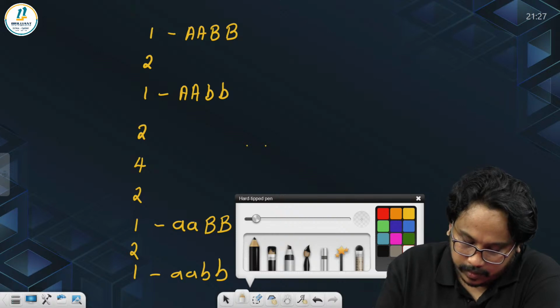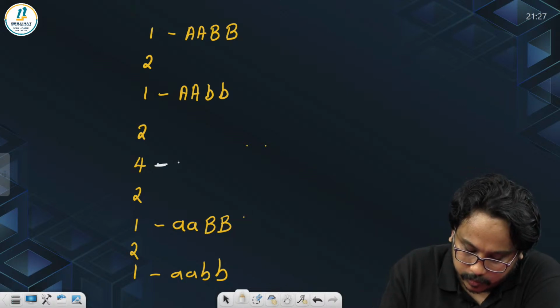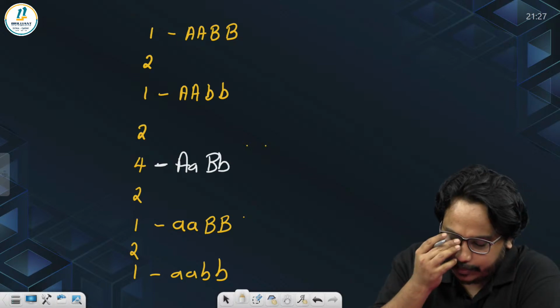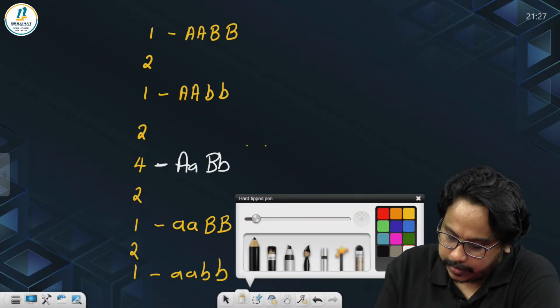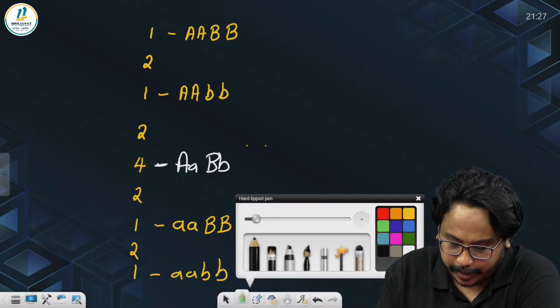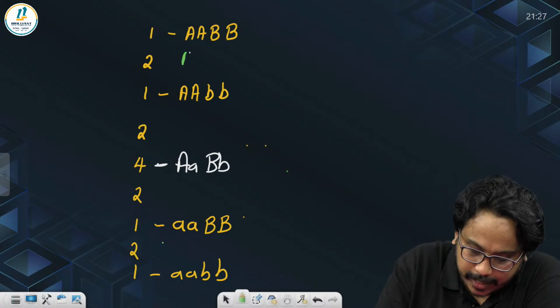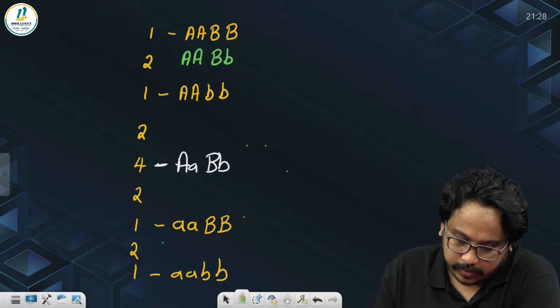Then diagonally in your box you will be getting double heterozygous also, capital A, small a, capital B, small b. That will be double heterozygous. Remaining all, when you are checking in the box, can be one homozygous and one heterozygous. That will be capital A, capital A, capital B, small b. That will be coming 2 times.